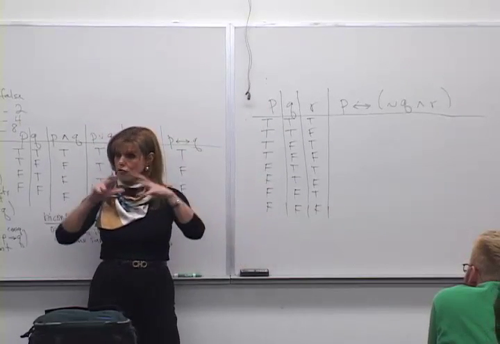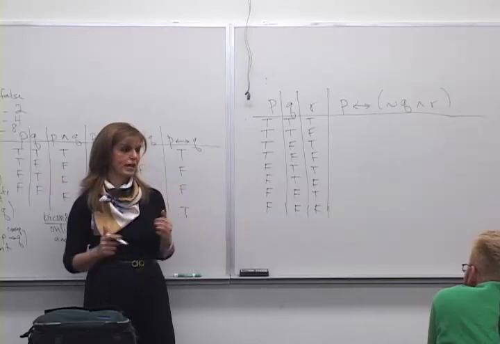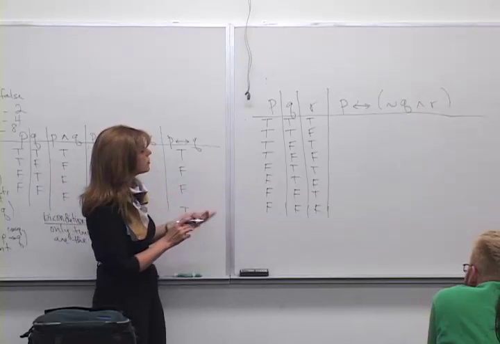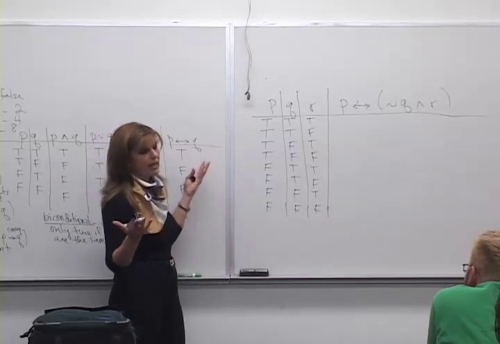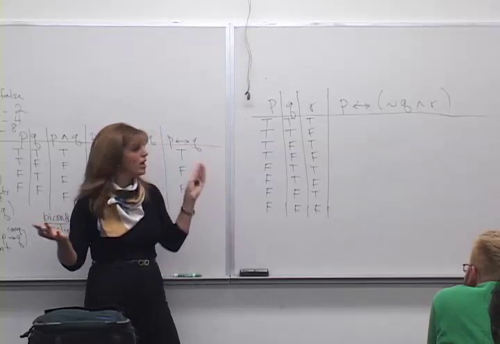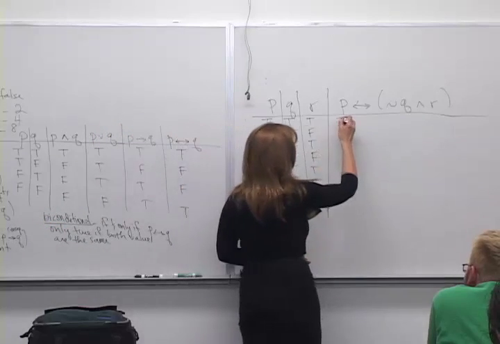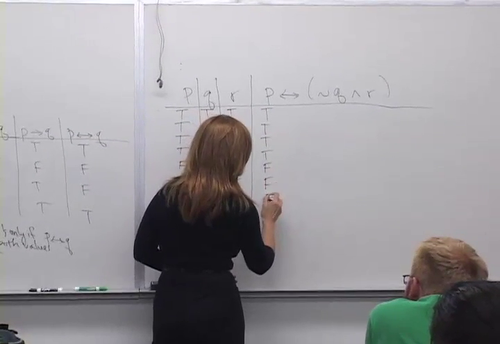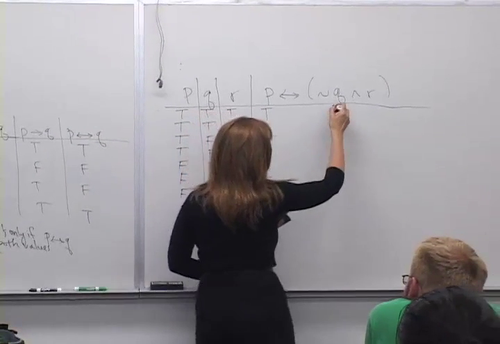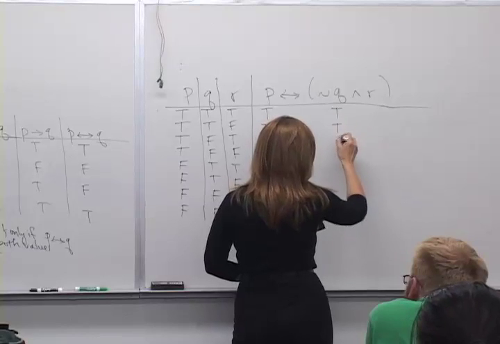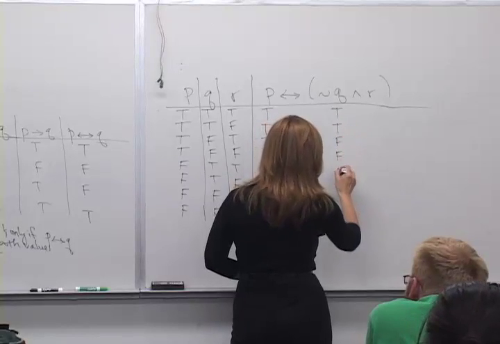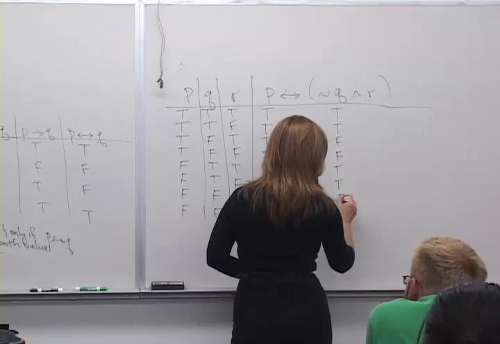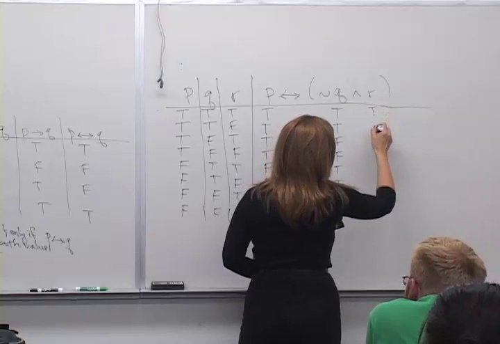And remember, the truth table is the entire combination of values. So then I proceed just like I did before. I fill it out. So everywhere I see P, I have 4 T's and 4 F's. Everywhere I see Q, I'm going to have 2 and 2. And everywhere I have R, I'm going to alternate.